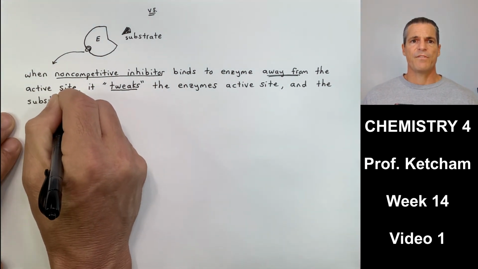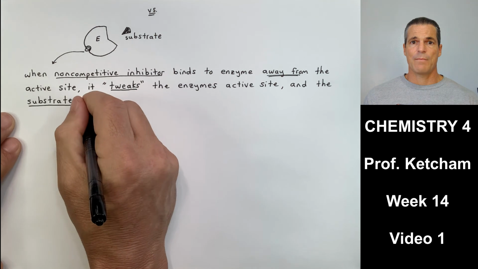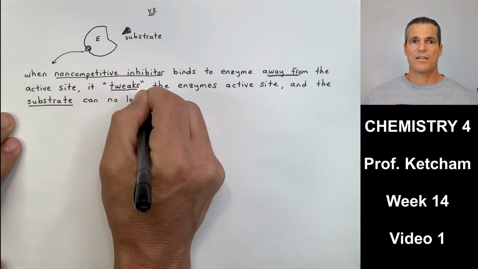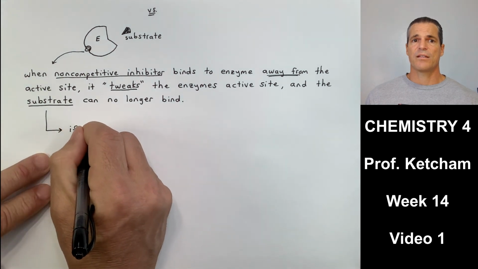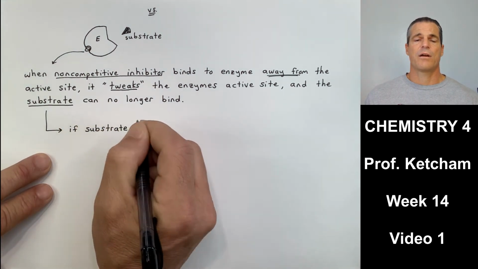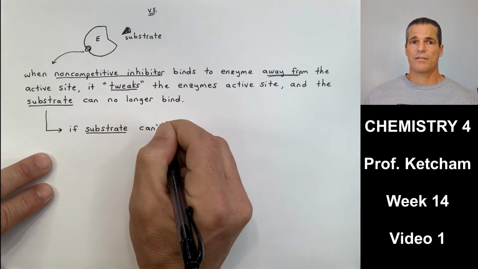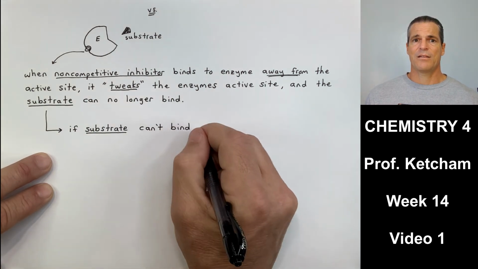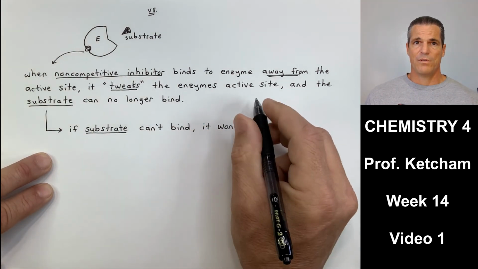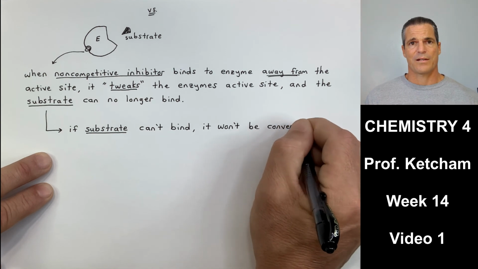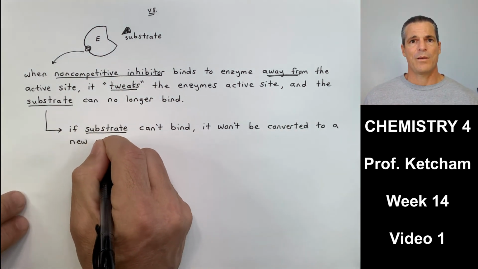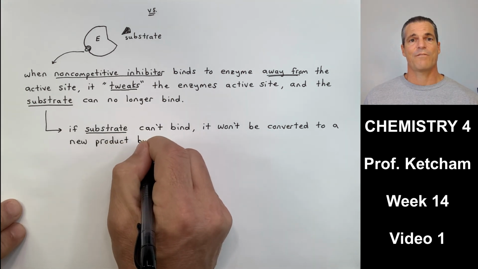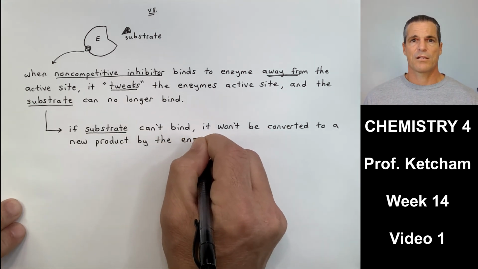When a non-competitive inhibitor binds to the enzyme away from the active site, it tweaks the enzyme's active site, and the substrate can no longer bind. All right? If the substrate can't bind, it won't be able to get converted to product. In other words, it's not going to be able to convert to product because it will never be able to bind to the enzyme's active site, forming that enzyme substrate complex.